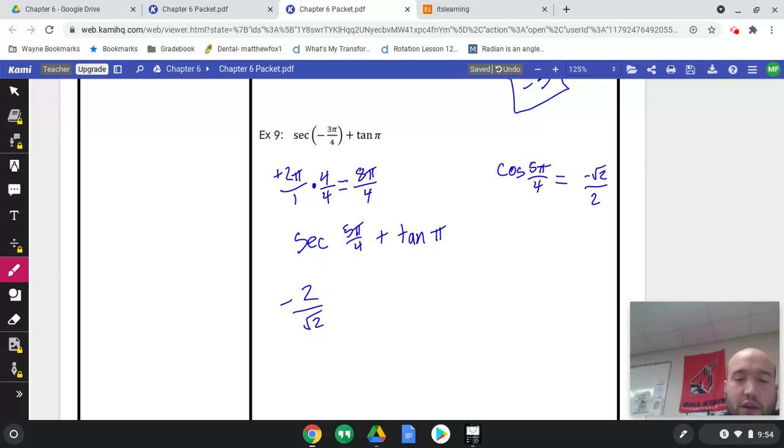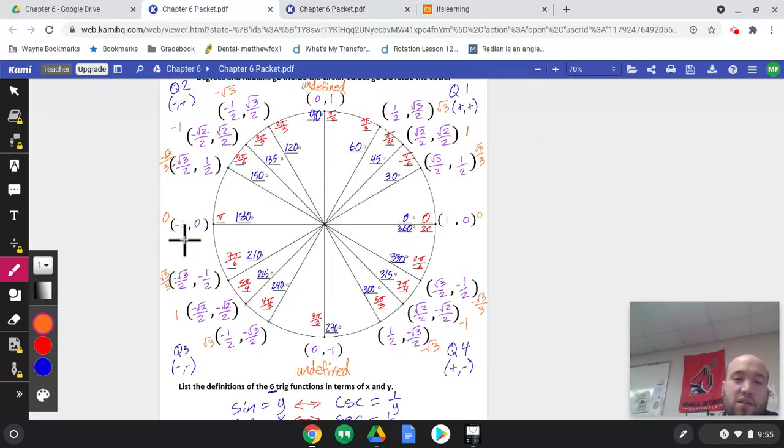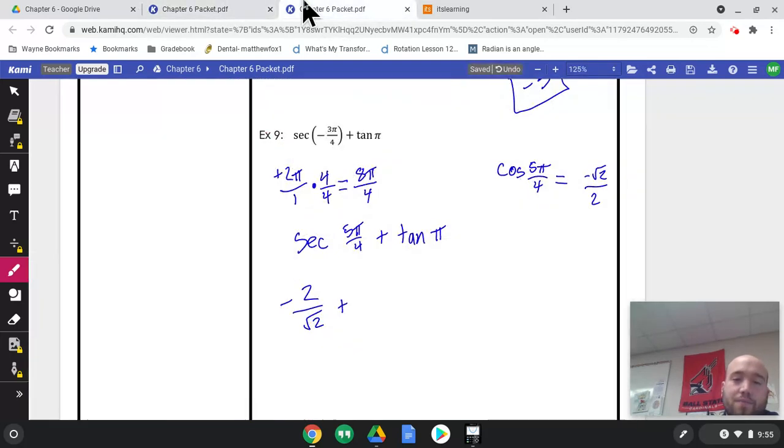It doesn't really matter. Plus, now I know we can't leave it like that, but let's figure out what's over here first before we deal with the square root of 2. So plus, let's go tangent of pi. We go to pi over here. The tangent of pi is 0. So plus 0.